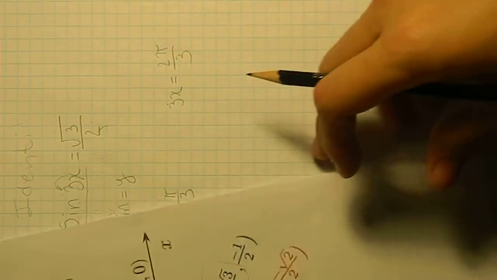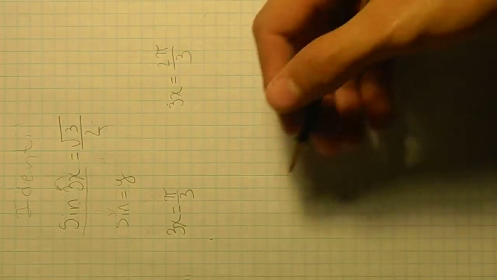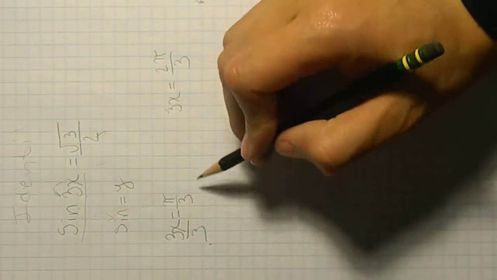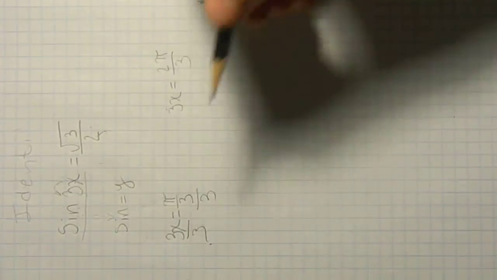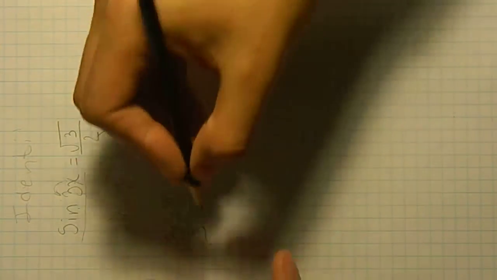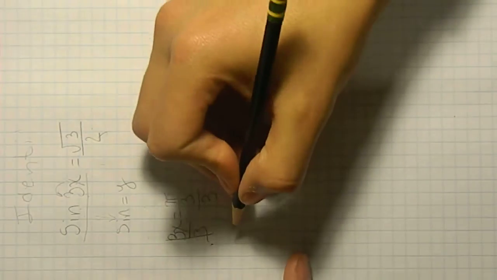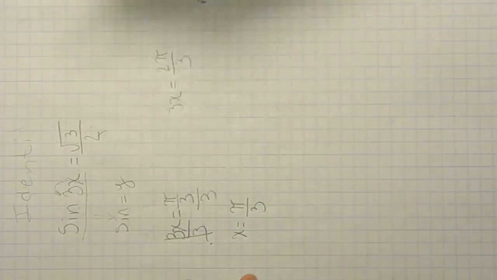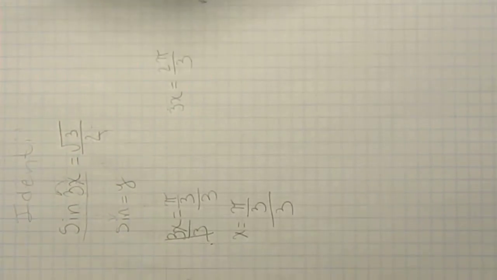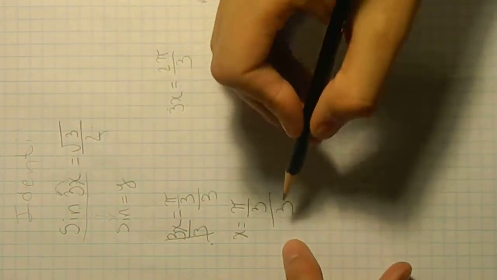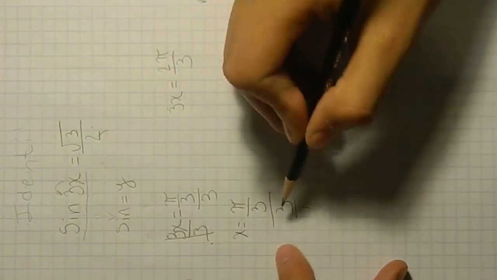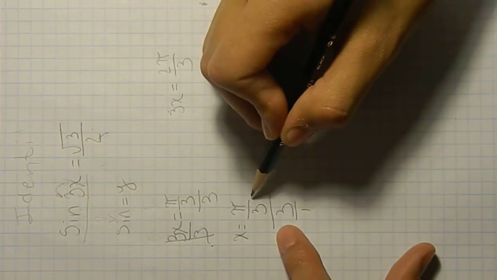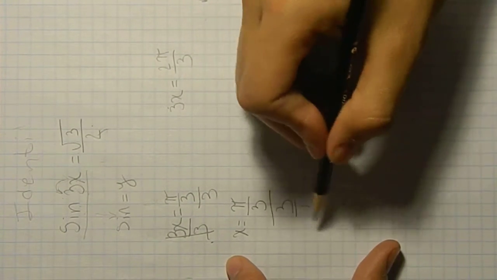Right, so now we're going to solve for x. This is pretty much algebra. We're going to divide both sides by 3, so then we cancel out the 3, and we have left pi over 3 divided by 3, right? So the way we do that, we know that this is kind of a fraction, we have a 1 here, but we take the reciprocal of that fraction and we multiply it.